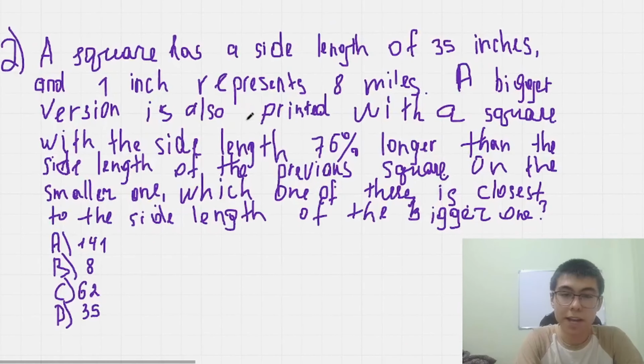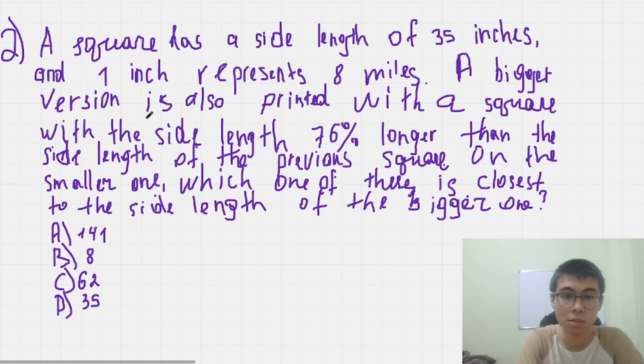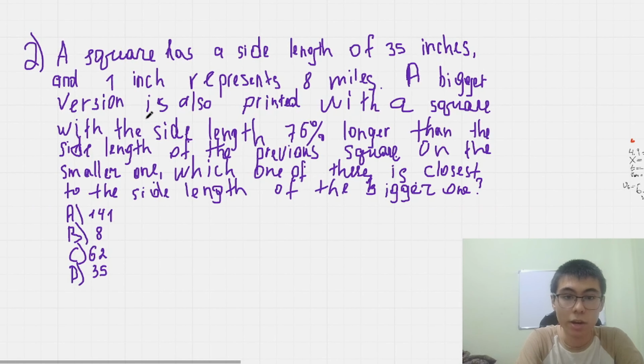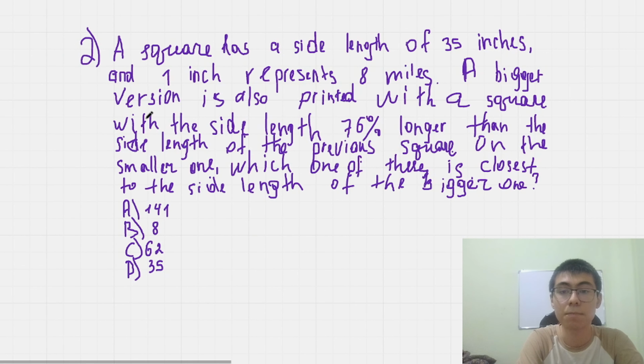A square has a side length of 35 inches and 1 inch represents 8 miles. A bigger version is also printed with a square with a side length 76% longer than the side length of the previous square on the smaller one. Which of these is closest to the side length of the bigger one?